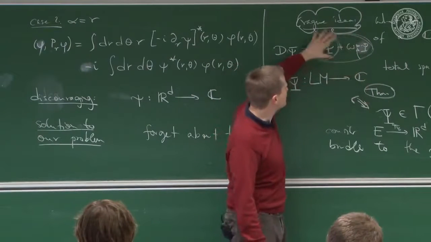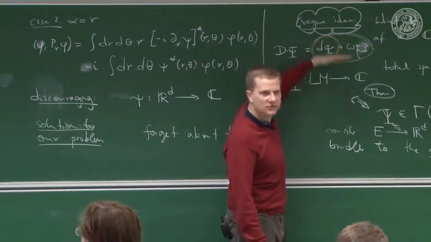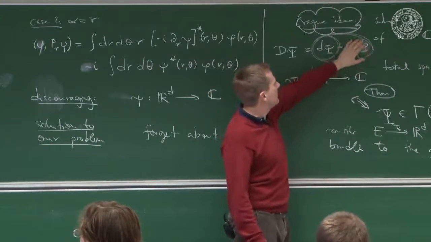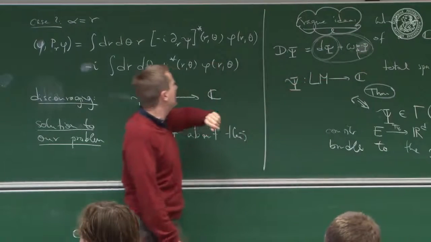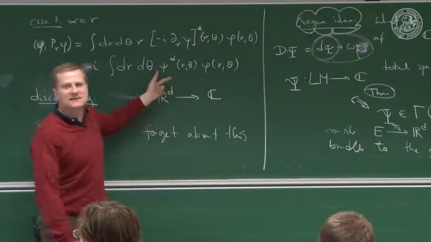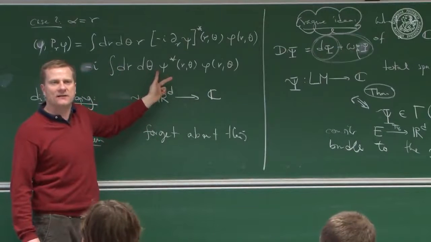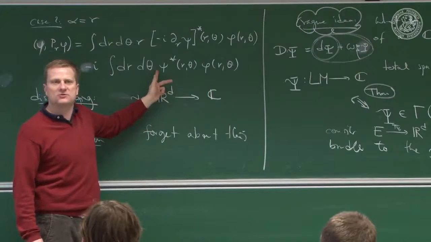Well, you have to push this down, since this is still on the principal bundle, but that's another issue. By an extra term here, maybe this extra term could have cancelled this term and everything would be fine. That's what we're going to try.